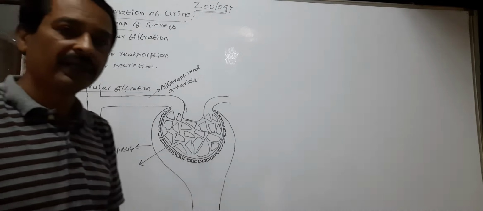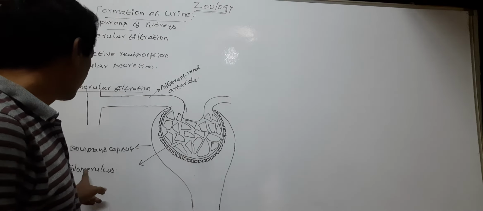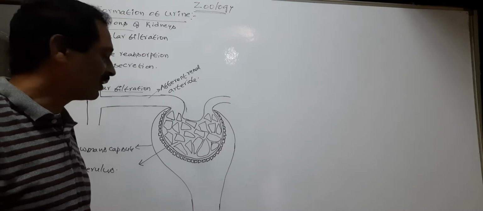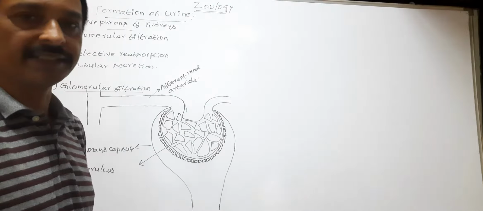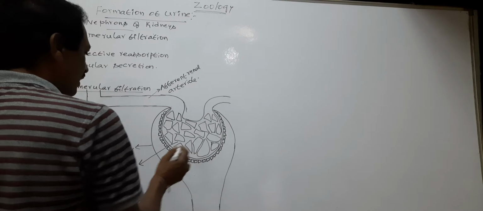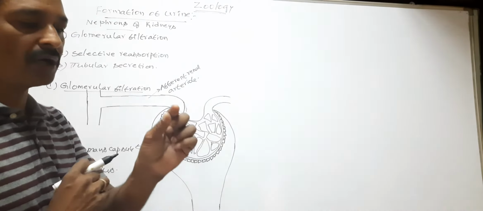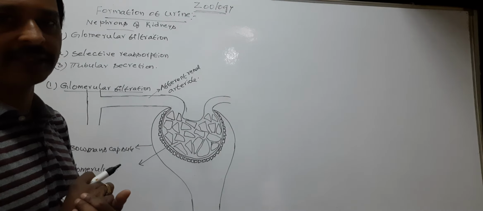The inner layer is lined by cuboidal cells called podocytes. The podocytes of the inner layer of Bowman's capsule form small pores or openings.